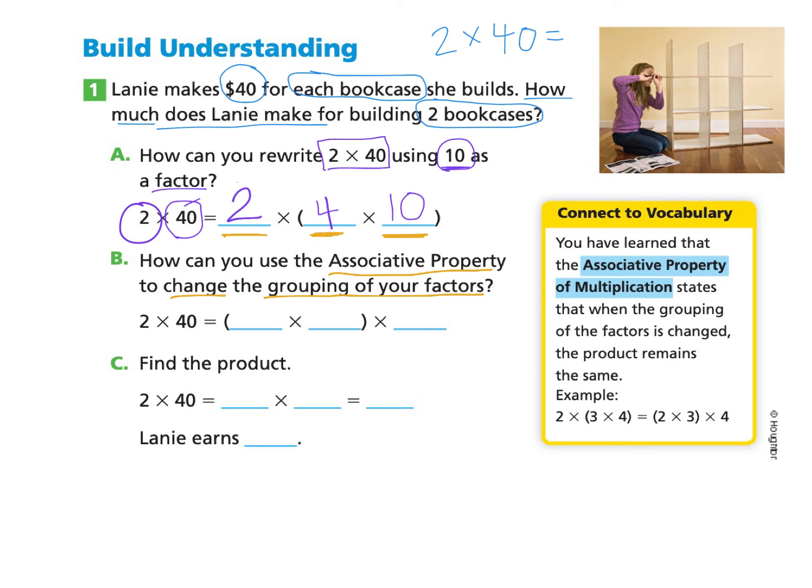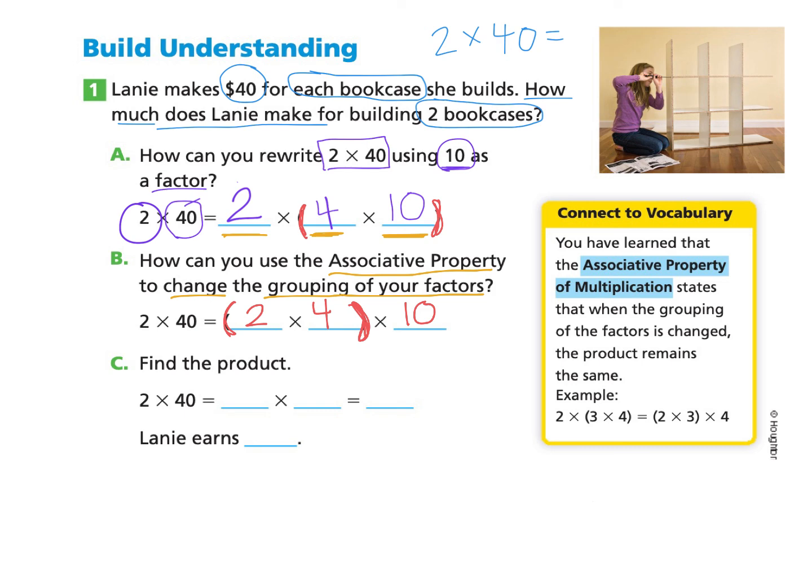You'll notice that the parentheses above were here. And so we can change those parentheses to go here because we know with the associative property of multiplication that we can change the grouping and our product will remain the same. So we can put the 2 here and the 4 here, and that leaves us with the factor 10 that would stay outside of that first grouping.